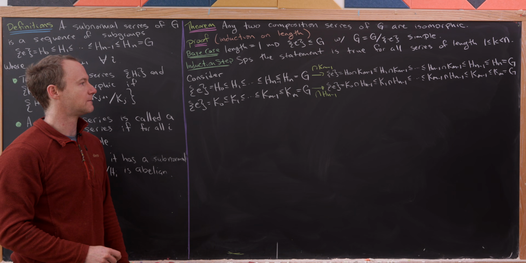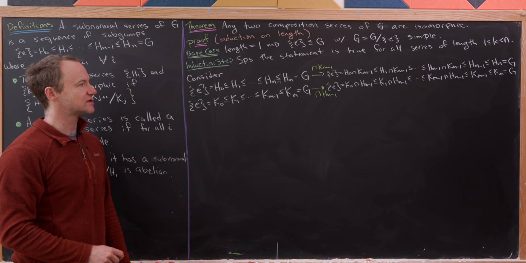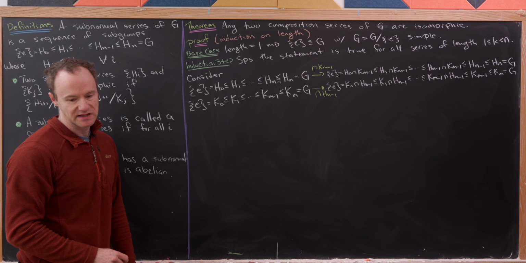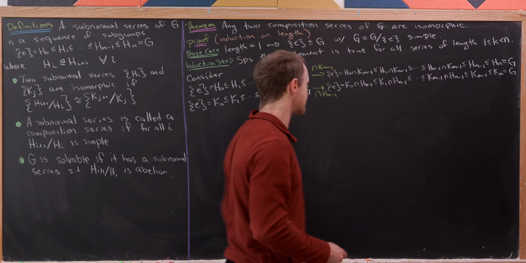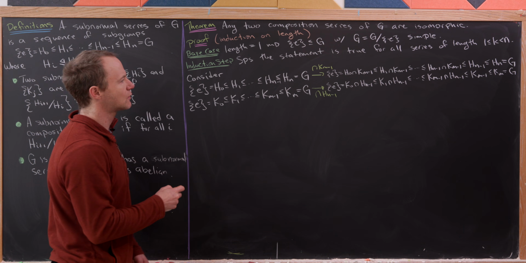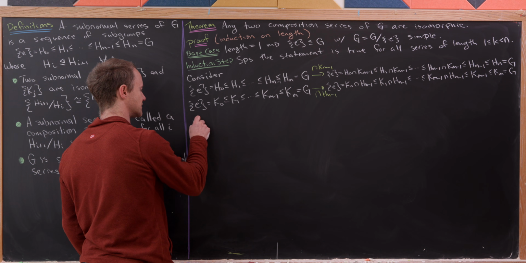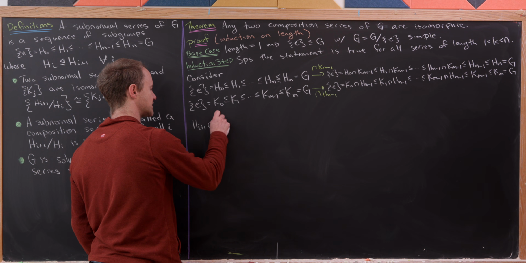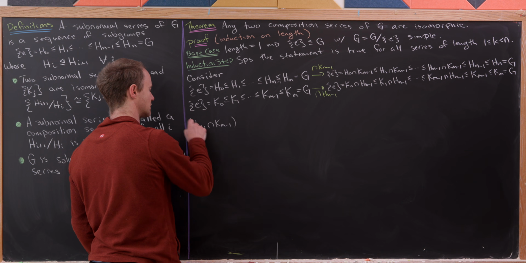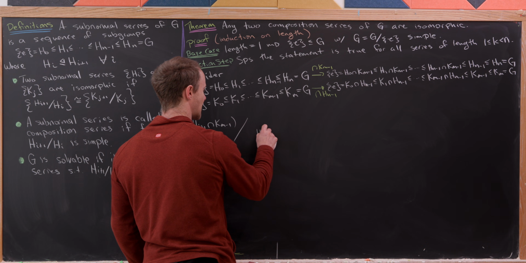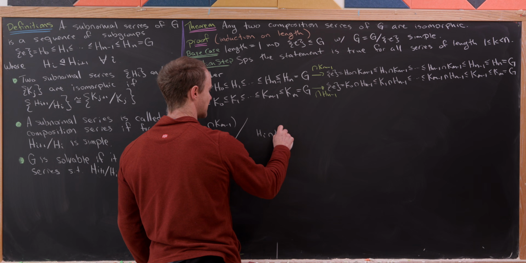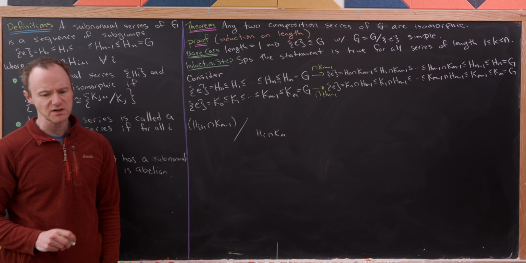Okay, cool. And now what we want to do is look at a quotient. It's going to be from this first series up here. So a quotient is going to look like this: H_{i+1} intersected with K_{m-1}, mod H_i intersected with K_{m-1}. Good.